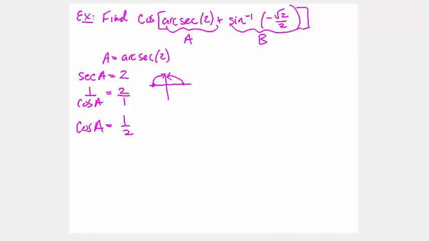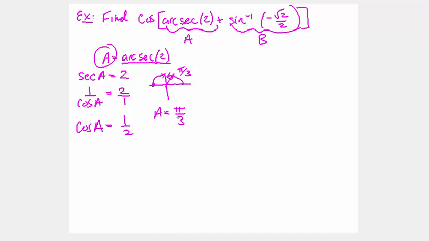Now, if that's what we're dealing with for the range of arcsecant, that means that's where A could be, anywhere in that range. But if we know that the cosine of A is positive 1/2, that narrows it down for us. You see, positive for cosine is only quadrant 1, and of course 1/2 would occur up here at pi over 3. So this tells us that A must be pi over 3, just based on what we know from the range of arcsecant and the unit circle already.